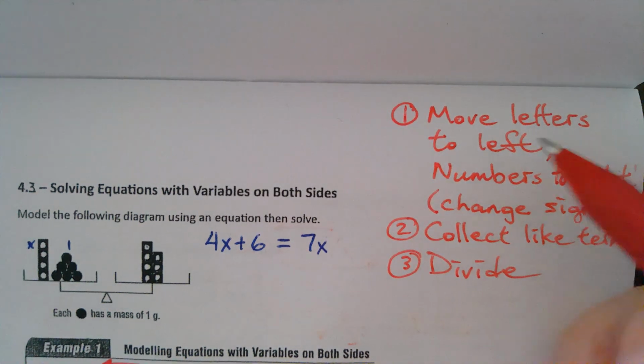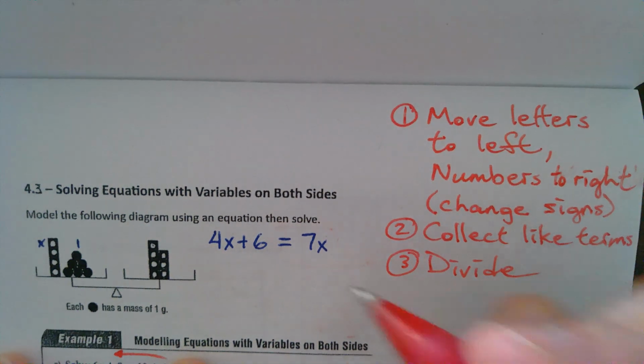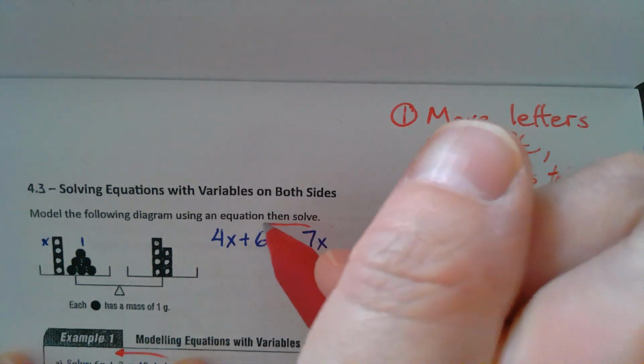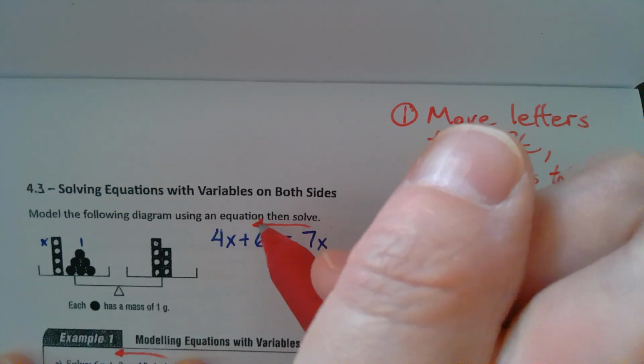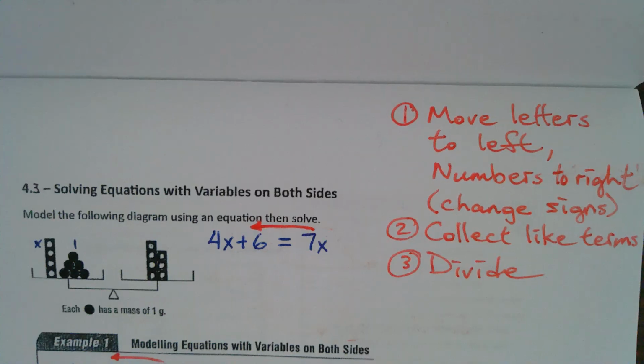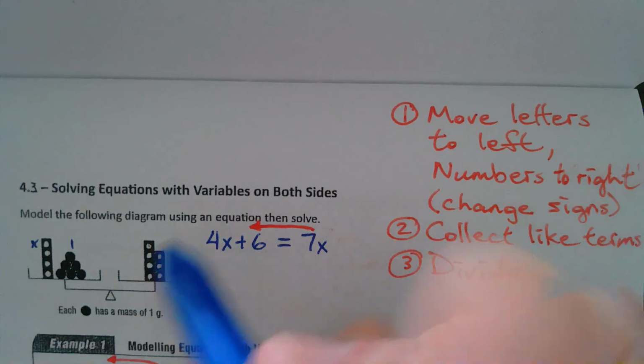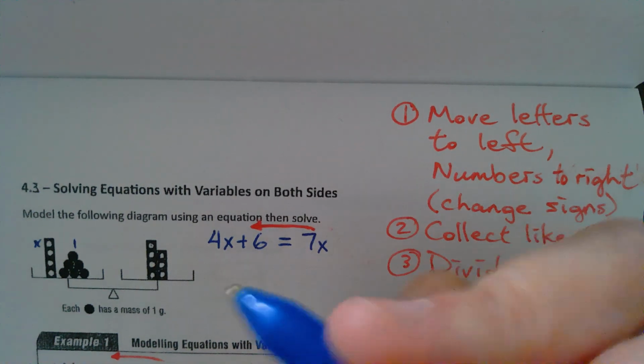Okay, so if we follow these steps, I want to move my letter term to the left, which means I'm moving this 7x to the left side. When I move this 7x to the left side, what happens to it? It becomes negative. Yeah, it becomes negative 7x. What about the 4x? Did I do anything with it?